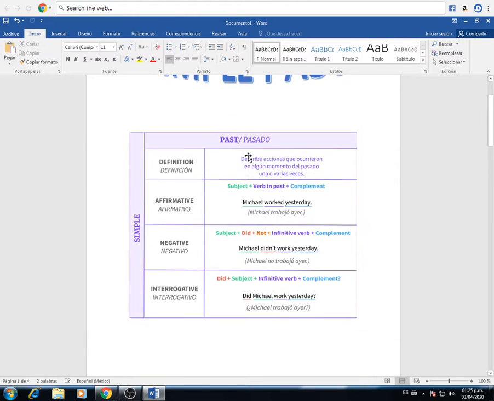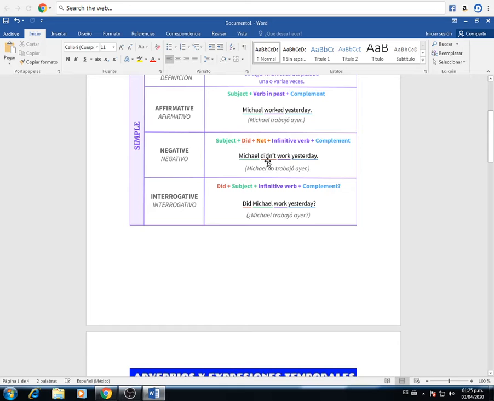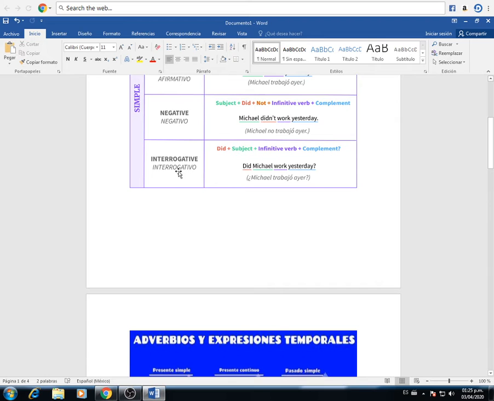Subject, did, not, infinitive verb and complement. Example, Michael didn't work yesterday. Now, interrogative form, it is necessary that you put the auxiliary first, subject, infinitive verb, and complement. Example, did Michael work yesterday?